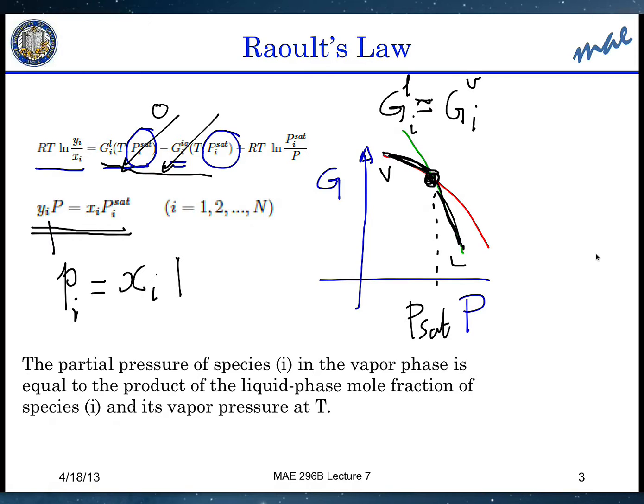And this side here is the product of the mole fraction of species I in the liquid phase times its corresponding saturation pressure. So that is what we will have in here, and we can now assert that this is the appropriate statement of Raoult's law that we're going to use.